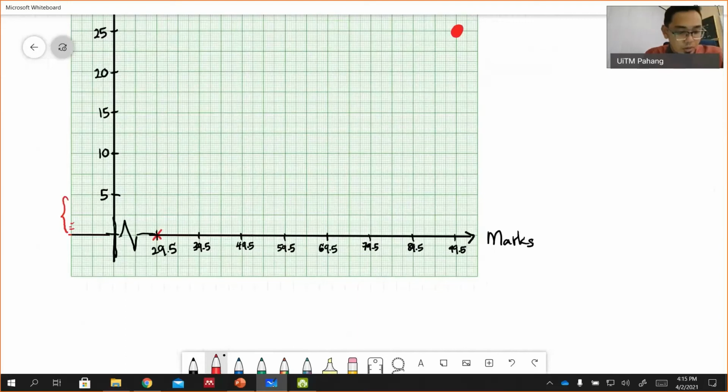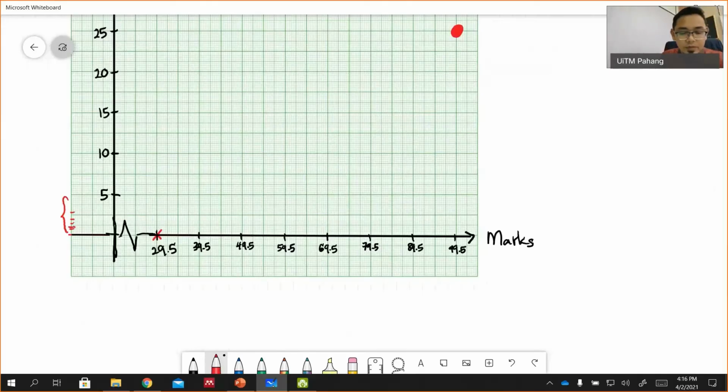Oh, no. We have 20 there. 20 small boxes is actually 5, so 4 small boxes mean 1. So it will be 1, and then you have 2, you have 3, and then you have 4.